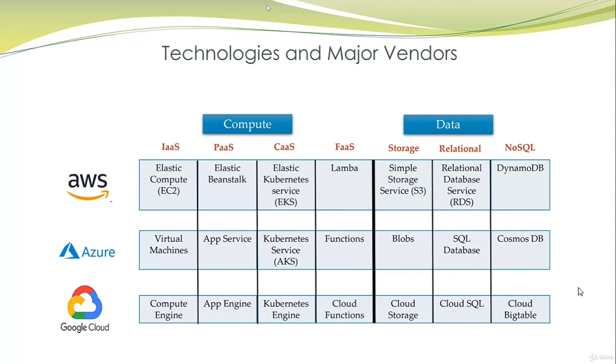For data, Google offers Cloud Storage for object storage, Cloud SQL as a managed relational service, and Cloud Bigtable for a managed NoSQL technology. Now, it is worth noting here that all three of the major cloud platform vendors have similar technology sets.